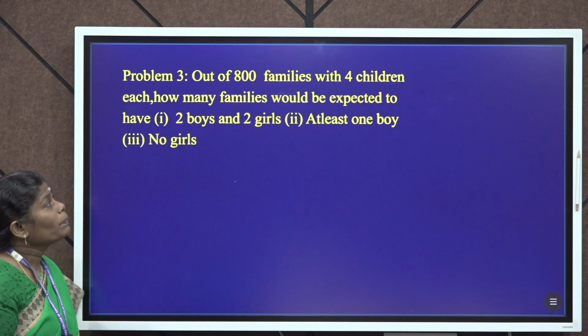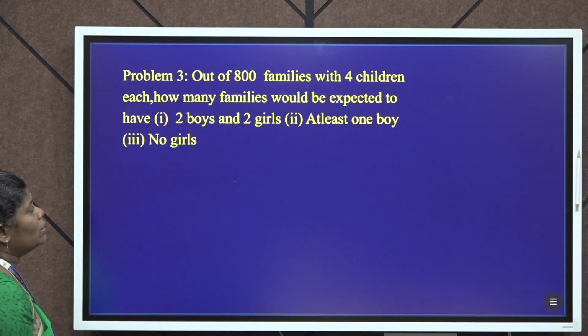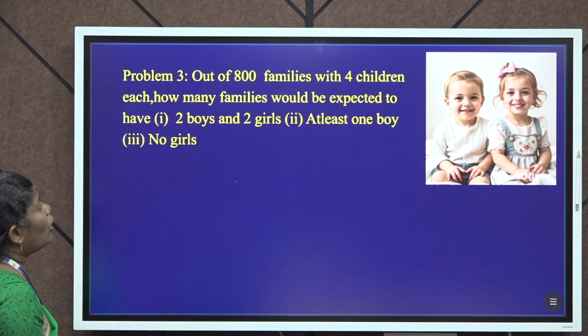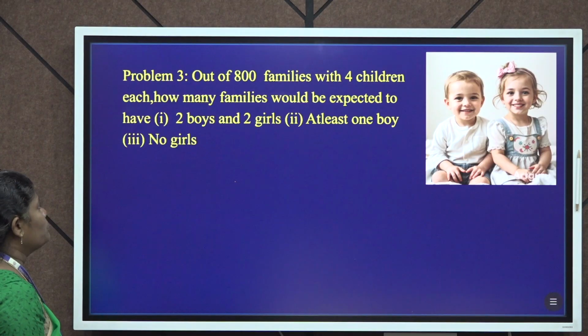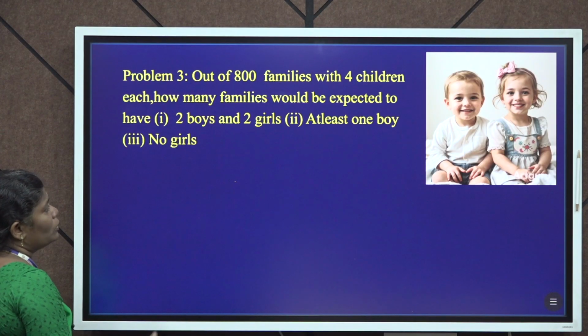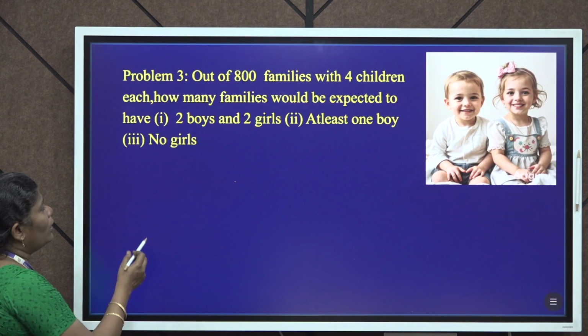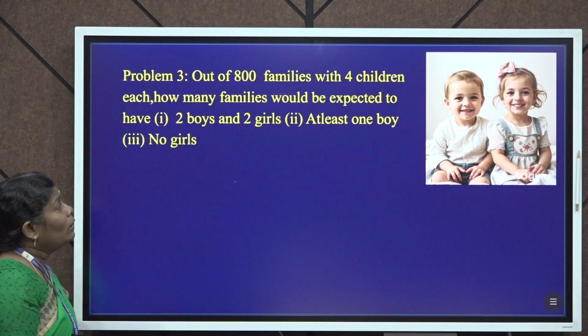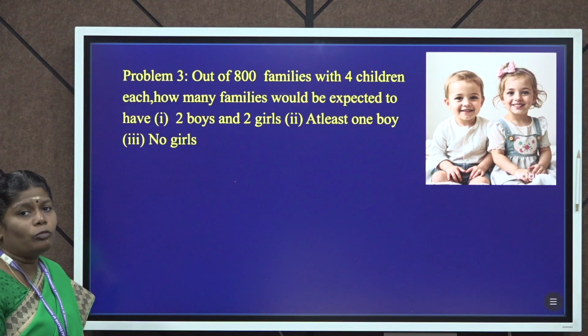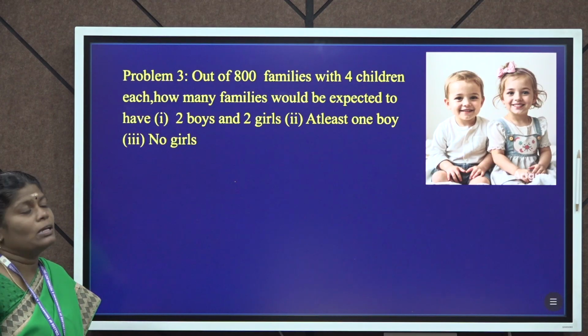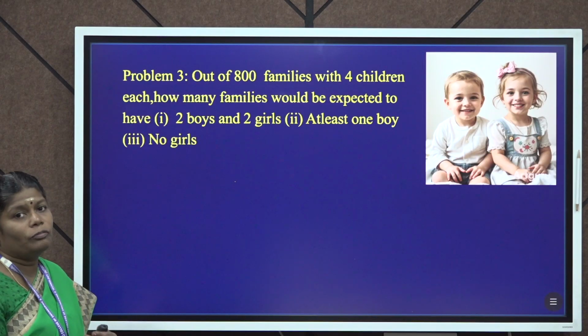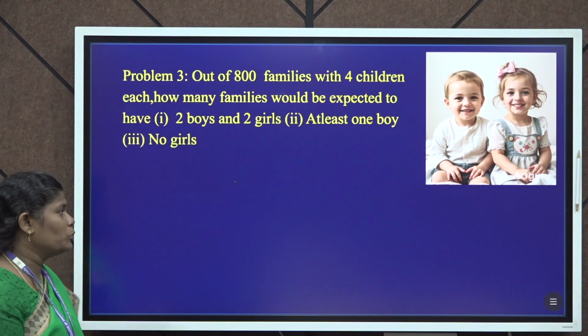In problem 3, out of 800 families with 4 children each, how many families would be expected to have 2 boys and 2 girls, at least 1 boy, and no girls? In this problem, there are only 2 possible outcomes, boy and girl. We have to use binomial distribution.